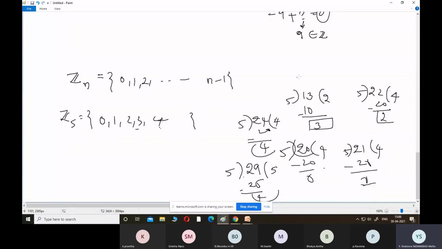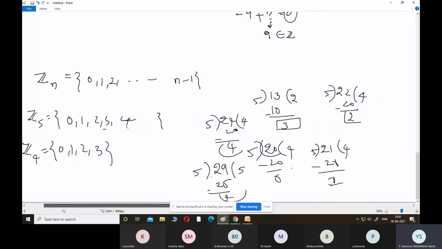So if you are taking any bigger number, from integers only you are supposed to take, these are the possible remainders after dividing with 5. Now tell me, what are all the elements of Z4? 0, 1, 2, 3. Very good. So these are the elements of Z4.